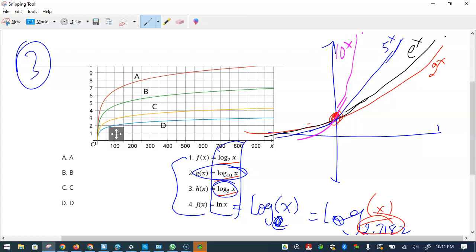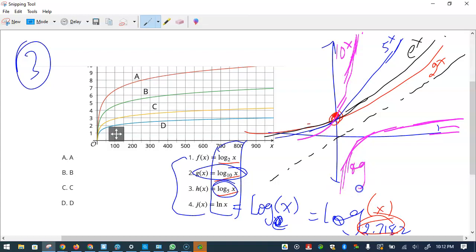Now when you take the logarithm, you have to reflect these. All these four graphs get reflected. Can you see this part, when it reflects, it goes this way, something like this. So this will be logarithm of x to the base 10.